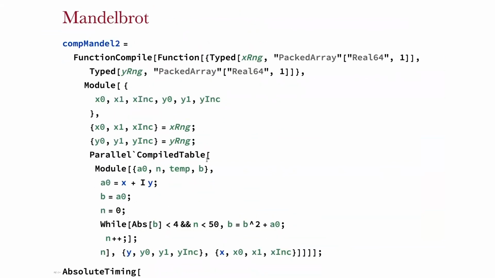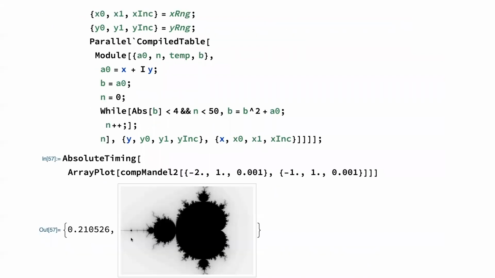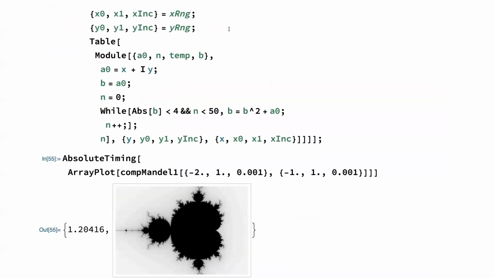Now I'm going to take the same example, and I've replaced the table with a parallel table, and this compiles and runs, and now we're getting a serious parallel acceleration.